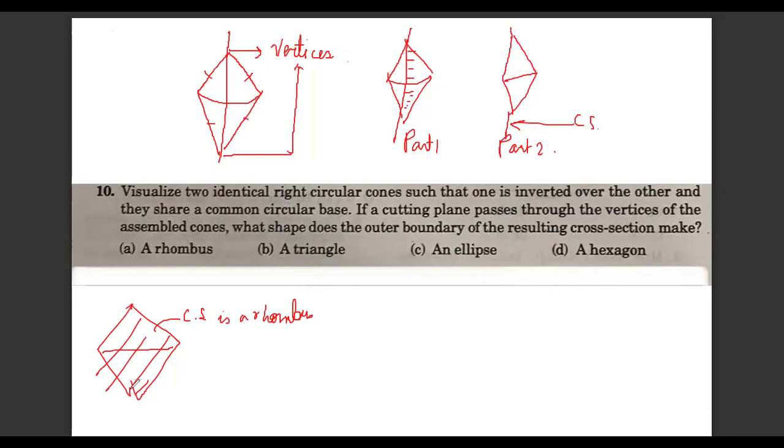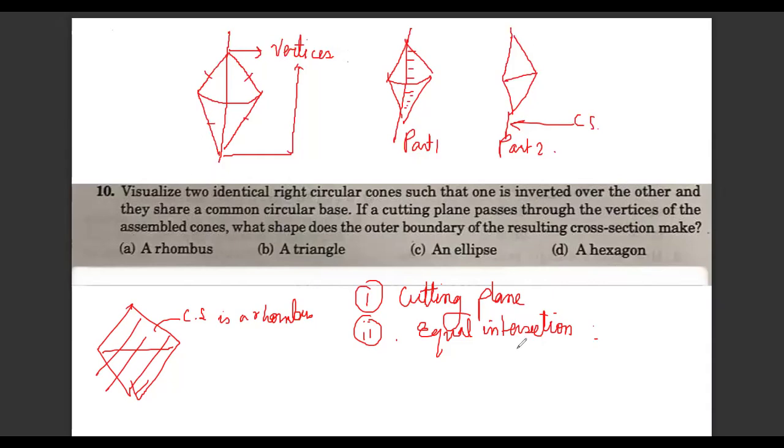That is the first point, by cutting plane. And the second, analysis by equal intersection. Since the cutting plane passes through the vertices of both cones, it bisects the height of each cone at the same point. This is crucial.